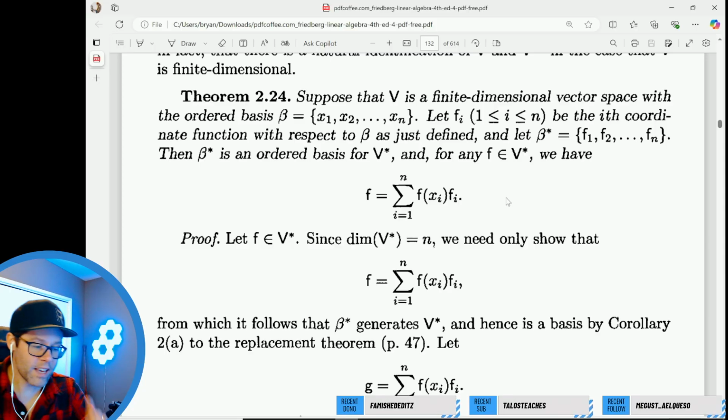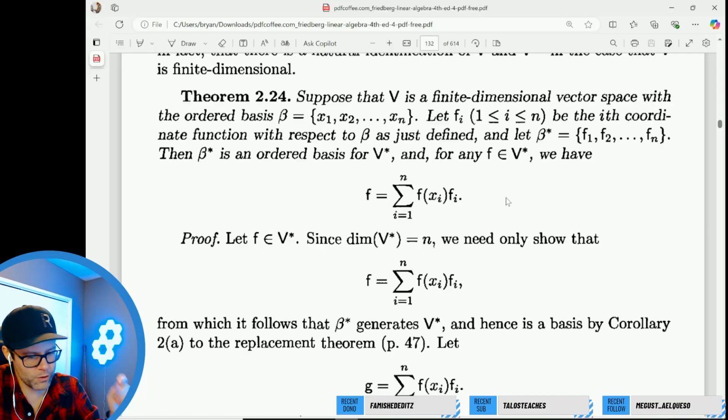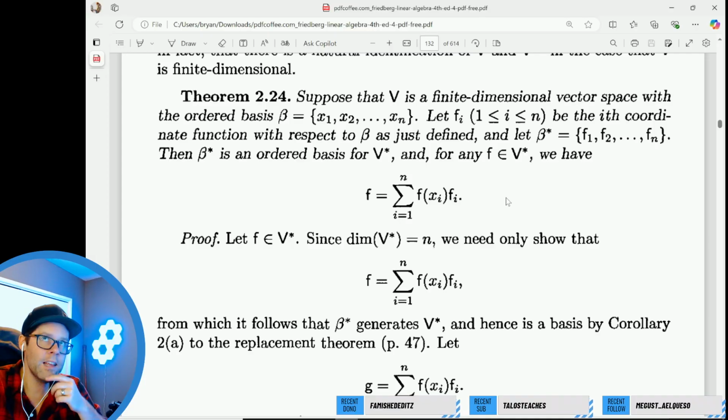Cool. Okay, so this is interesting. So this is giving us a way to break down every linear functional into a linear combination of the ith coordinate functions with respect to beta star. That's exactly what this is trying to do.